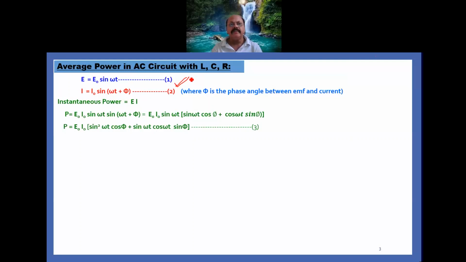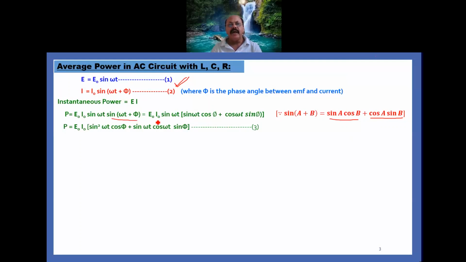Then it becomes P equal to E naught I naught sine omega t sine omega t plus phi. Now we know the formula sine A plus B equal to sine A cos B plus cos A sine B. So apply this formula and open sine omega t plus phi. Then what we get?